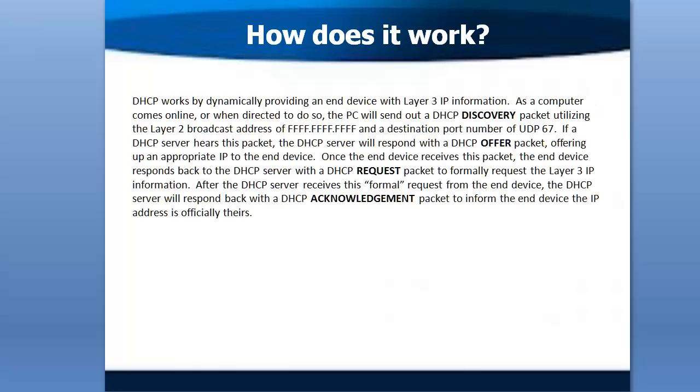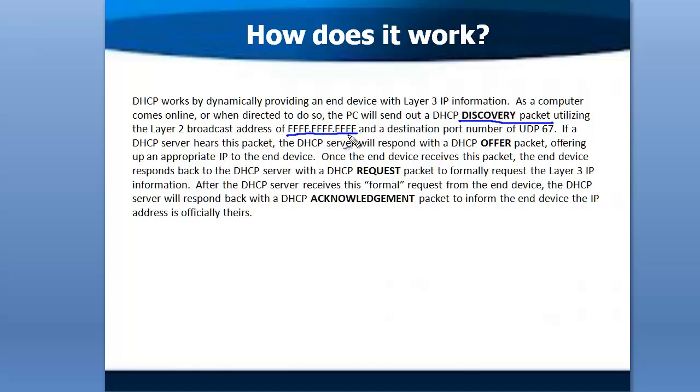So how does it work? DHCP works by dynamically providing an end device with Layer 3 IP information. As a computer comes online, or when directed to do so, the PC will send out a DHCP discovery. I want you to remember this part. A DHCP discovery packet, utilizing the Layer 2 broadcast address of all Fs.